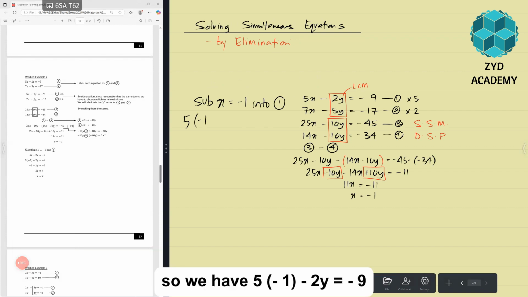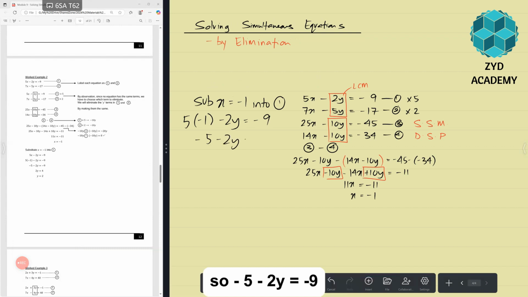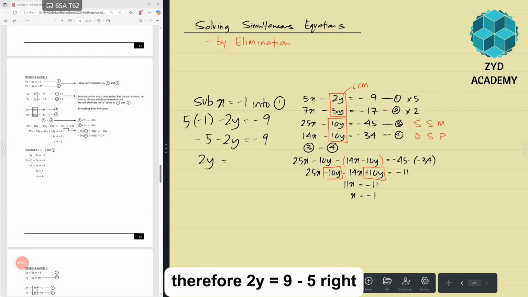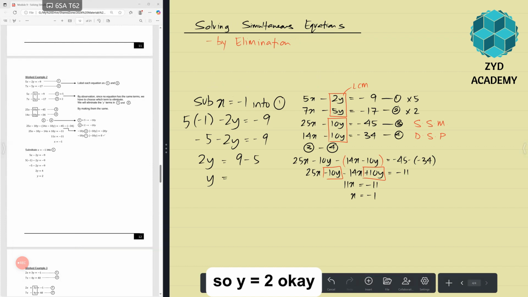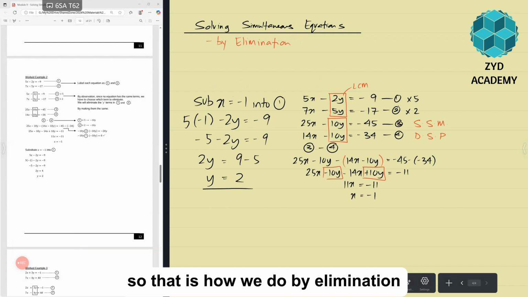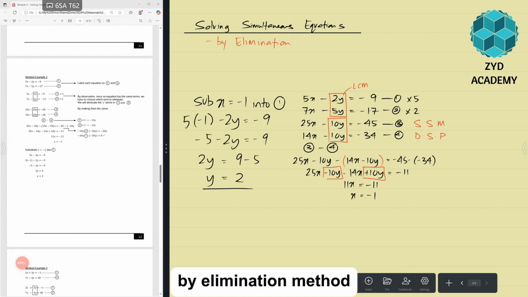So we have 5 times minus 1 minus 2y equals negative 9. So minus 5 minus 2y equals negative 9. Therefore, 2y equals 9 minus 5, so y equals 2. That is how we do it by elimination method.